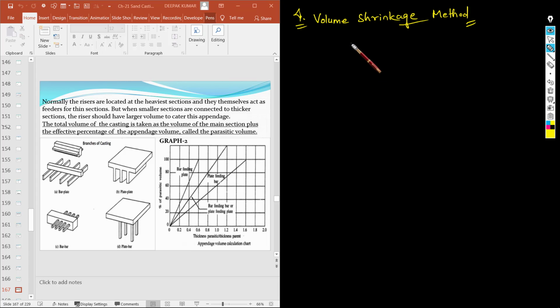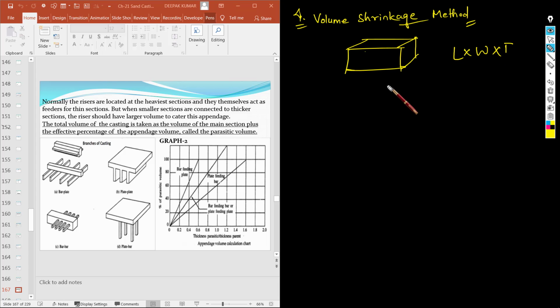Volume shrinkage is what we know. Let's suppose there is a casting with dimensions like length, width and height or thickness.